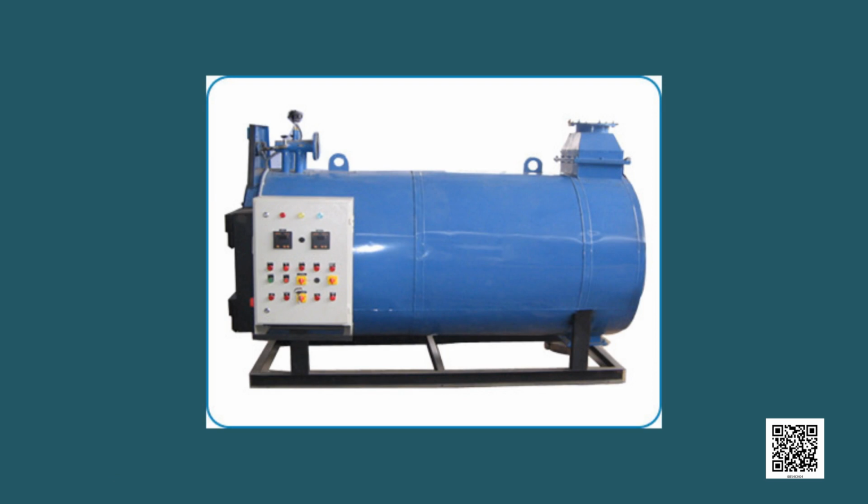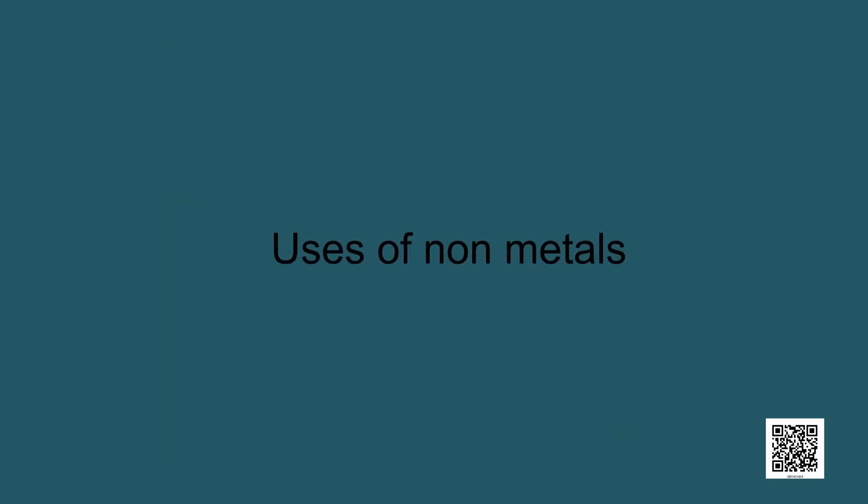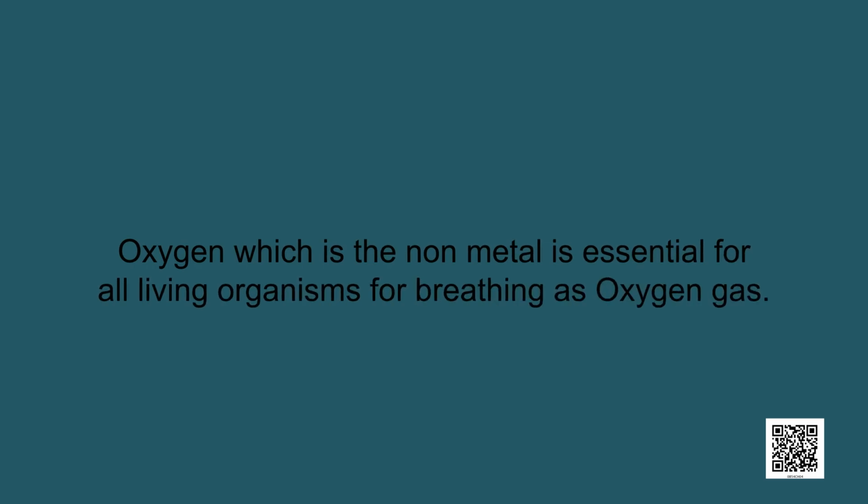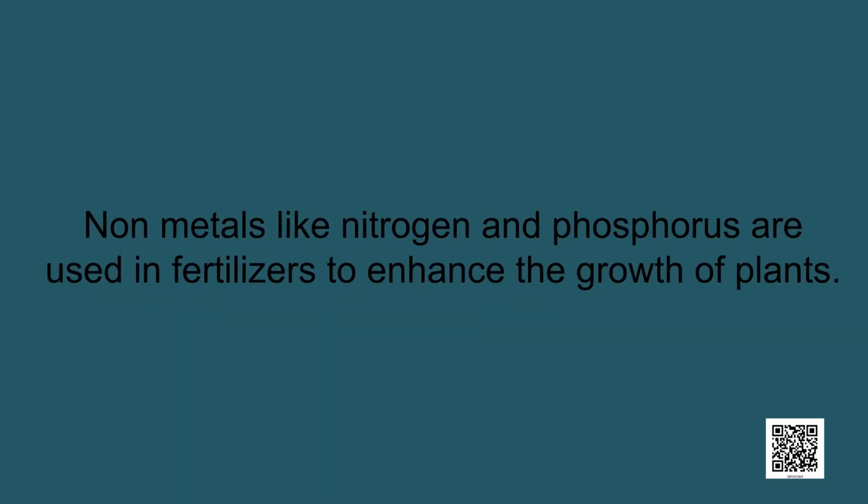Now let's see some uses of non-metals. Oxygen, which is a non-metal, is essential for all living organisms for breathing. Non-metals like nitrogen and phosphorus are used in fertilizers to enhance the growth of plants and increase the fertility of the soil.